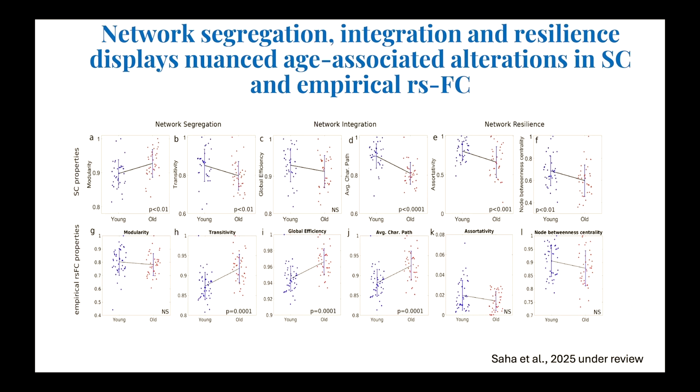So, when we look at the experimental data, we measure three different pieces of information. One is the network segregation, second is the network integration, and the third one is the network resilience. What we find is that in structural connectivity you see an increase in the modularity, which is statistically significant, whereas in the functional modularity it is not statistically significant.